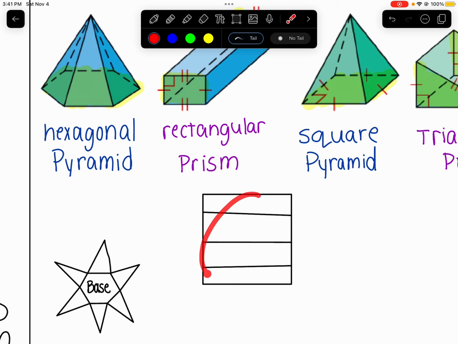And so these are all my lateral faces, these faces that go around. And then we can draw off to the side 2 bases. So this is a base, this is a base.